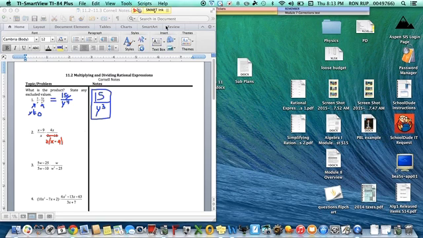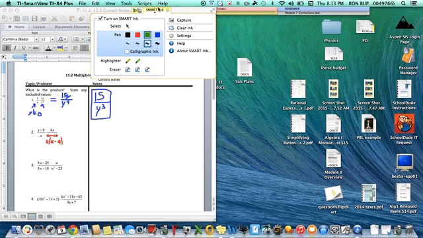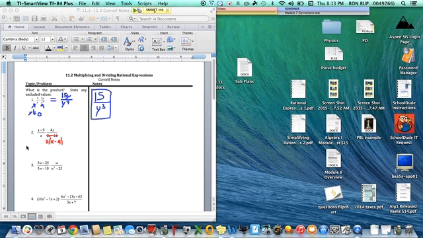So now, before we simplify, before we cross anything out, we do excluded values. X cannot be 0. Because if x were 0, then this fraction would have a denominator of 0, and then 0 times whatever this is would be 0. So x cannot be 0. And then we also do this. X minus 9 equals 0.